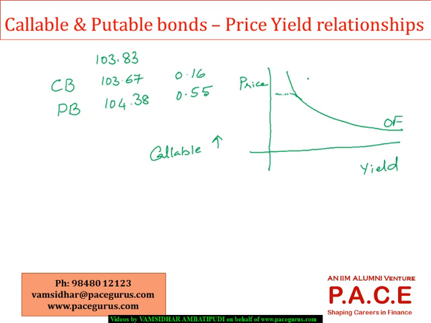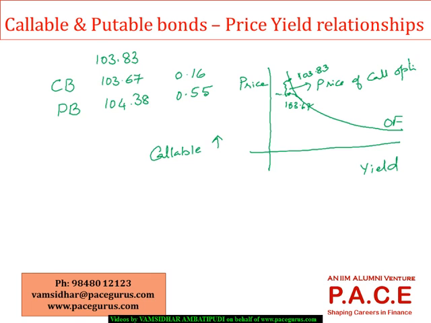So the price of the call option will keep increasing, which means for a callable bond at this particular rate, the price of the option free bond was 103.83, the corresponding price of the callable bond was only 103.67, and this gap is nothing but the price of the call option.